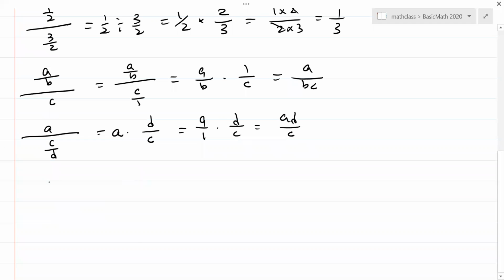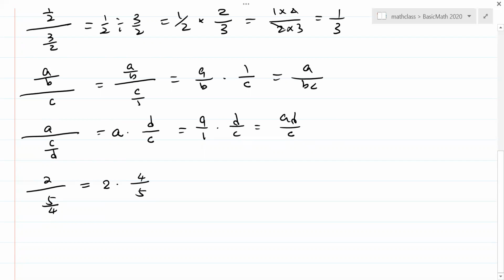So let's do one exercise. Like 2 over 5 over 4, right? How do we simplify this fraction? It's a number over a fraction. So that is going to be 2 times, keep it, the reciprocal 4 over 5.